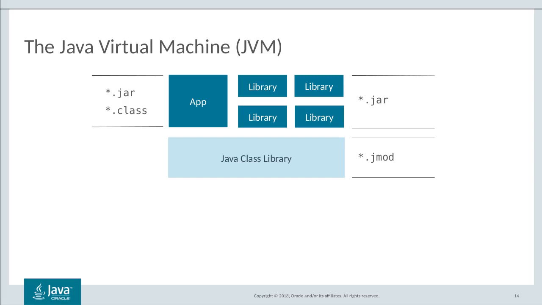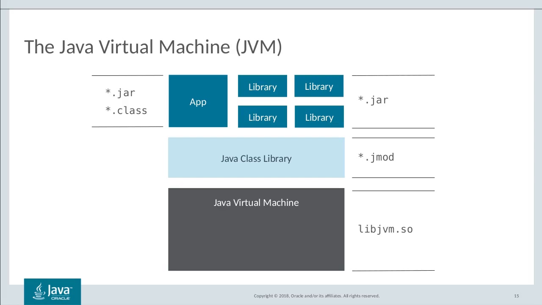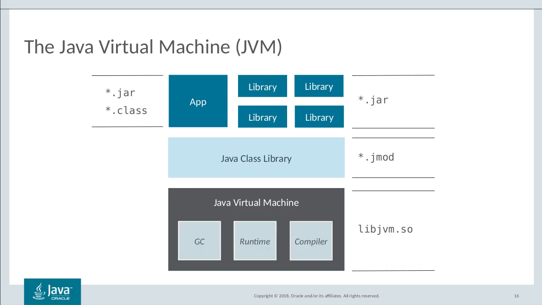What is common for all of this is that they are executed by the Java Virtual Machine. There are three major components to the Java Virtual Machine that make all this work: the GC, the runtime, and the compiler. And in this talk, it is these components that we're going to focus on.